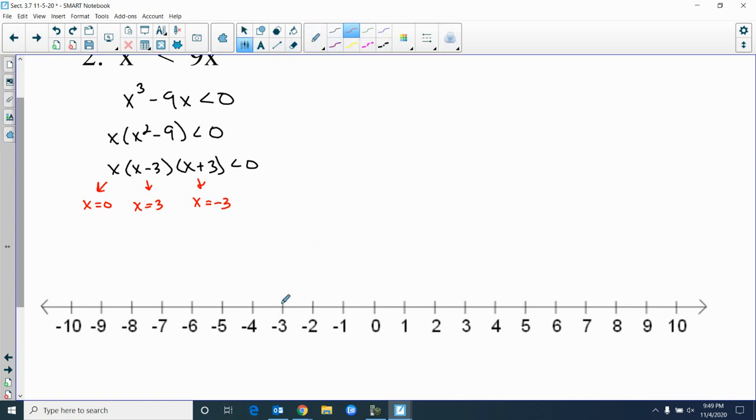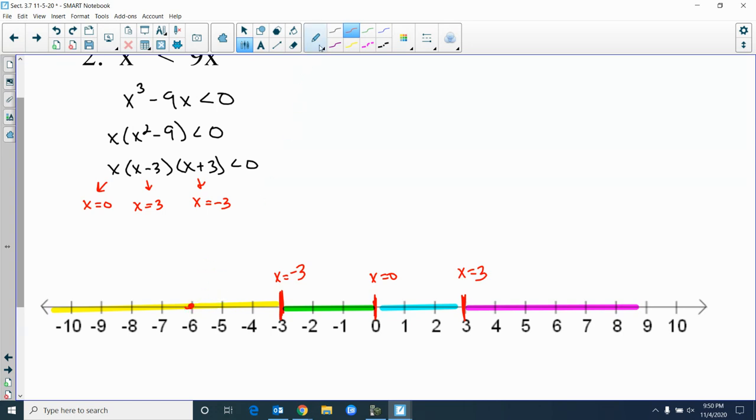So at negative 3, at 0, and at 3. Okay, so then in between: to the left of negative 3, between negative 3 and 0, between 0 and 3, and 3 to the right, 3 to infinity. I need to check a number from each one of those and then test it and see what we get.